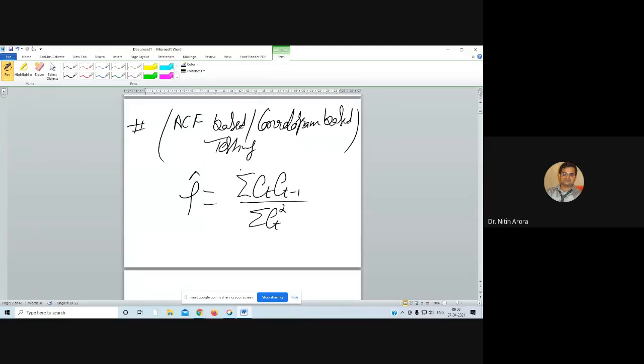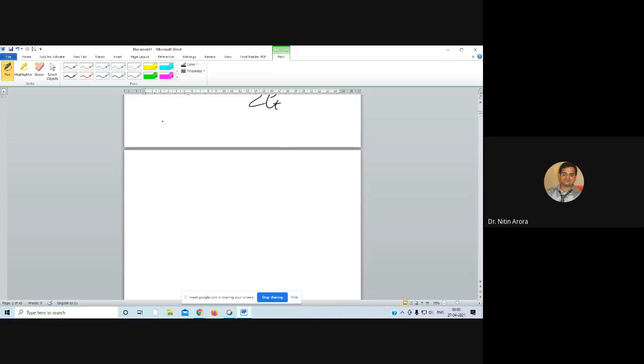Now this autocorrelation function can be computed with the help of autocovariance, like we talk about rho k cap is equal to gamma k cap upon gamma naught cap. So what are gamma k cap and gamma naught cap?